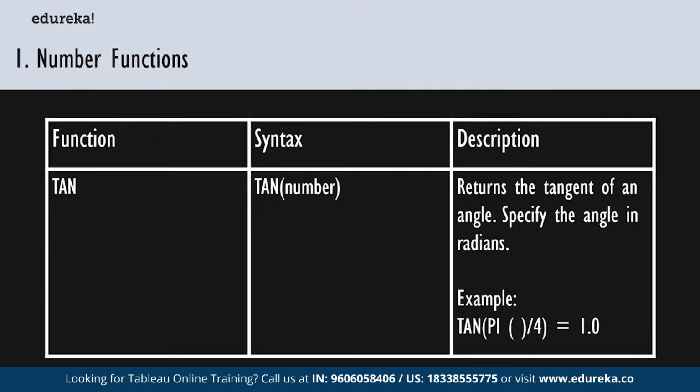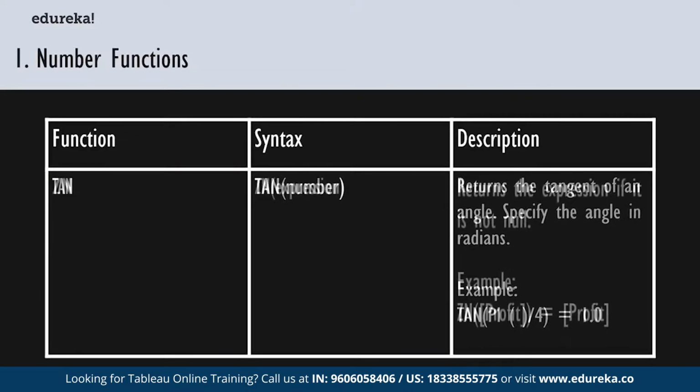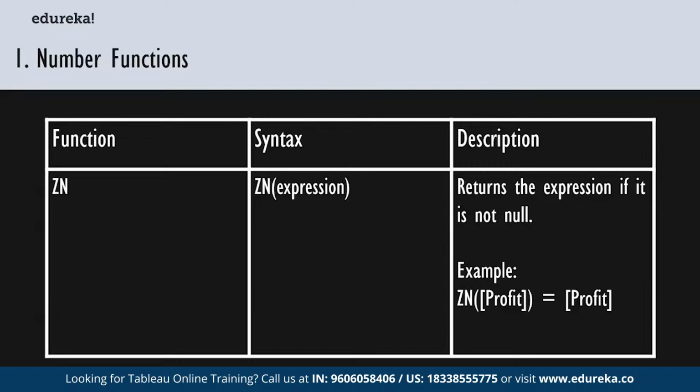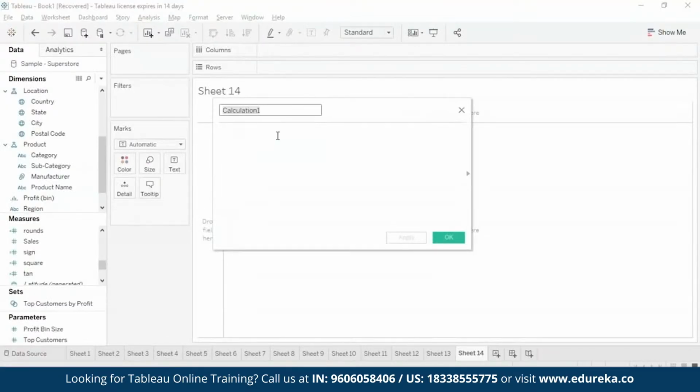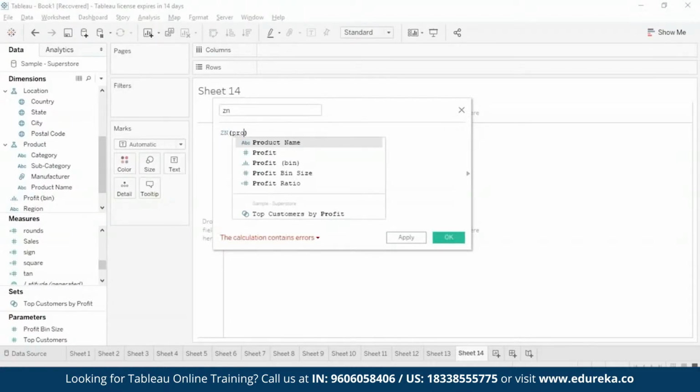And with that, it brings me to the final of the number functions. We have ZN, which returns the expression if it is not null. Otherwise, it returns 0. Now, we basically use this function to use 0 values instead of null values. So this is how it works. I'm going to put in a field which I know does not have a 0 value.